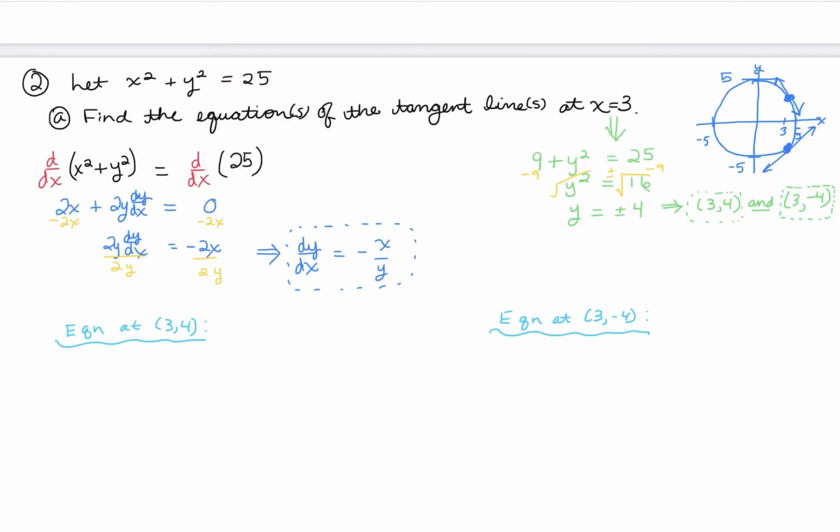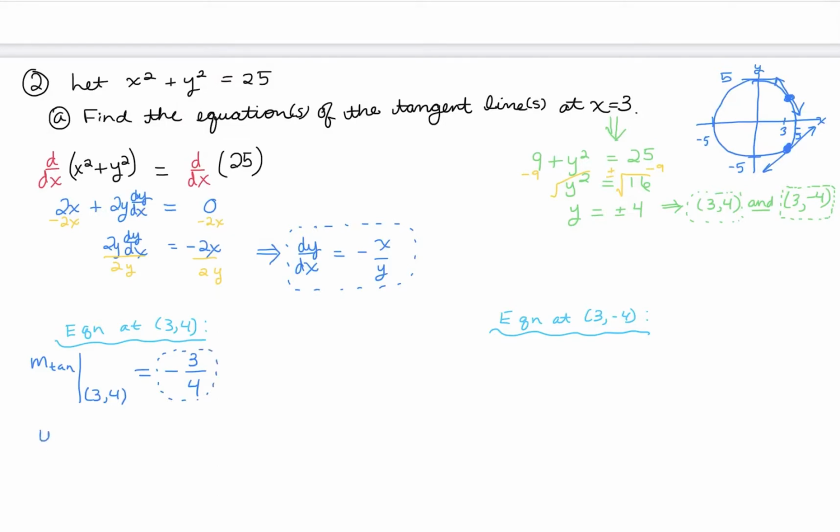All right, so as we do that, here is the slope of my tangent line evaluated at (3, 4). Going back to my derivative, negative x over y, so -3/4 is the slope.